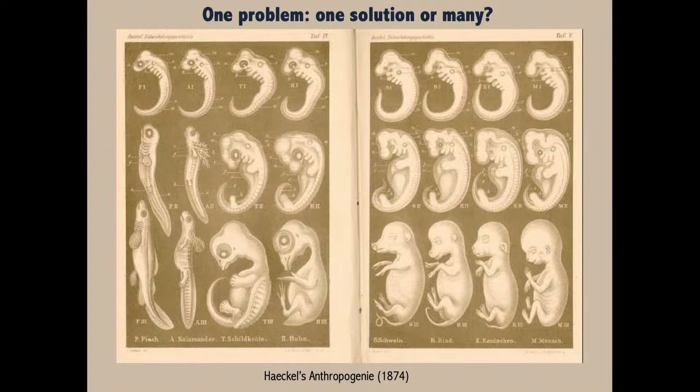So he postulated this idea of ontogeny recapitulates phylogeny, and I'm not going to go into that just now, but what you see here are developmental stages of many different organisms: fish, salamander, chick, pig, dog, rabbit, humans, etc. And so you can begin to ask the question, is there one way in which development happens? Is there one solution, or are there many solutions?